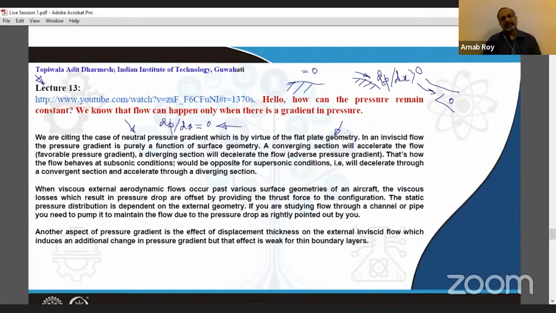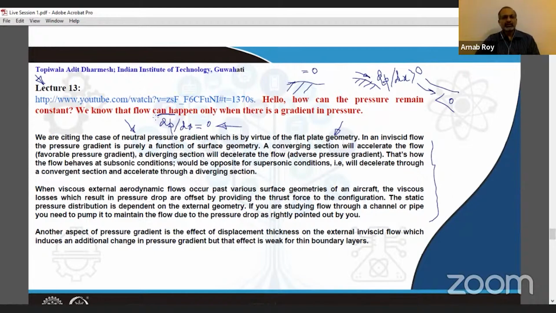The other concept is that as the boundary layer forms, it also has a displacement thickness effect on the external inviscid flow. So those concepts we have tried to address over here in the paragraphs. Let's try to read through these lines.